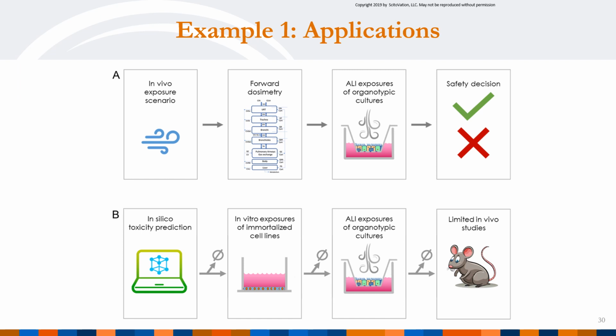Next, in vitro exposure using an air-liquid interface with affordable immortalized cell lines may be sufficient to reject a subset of compounds with relatively high toxicity. For the remainder, testing in differentiated air-liquid interface cultures, followed by IVIVE to determine a human equivalent dose, would provide more accurate prediction of relative toxicity and allow for further down-selection. Lastly, limited in vivo testing could be performed as needed only on the final subset of compounds.